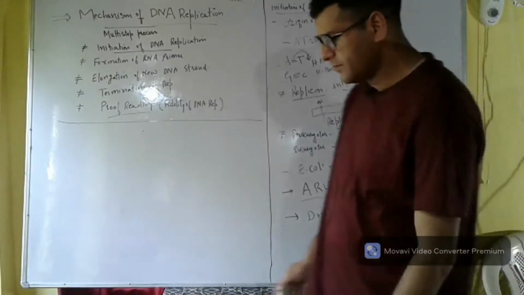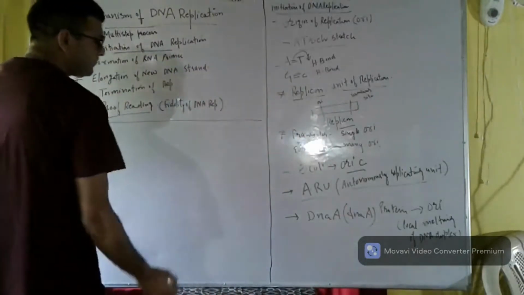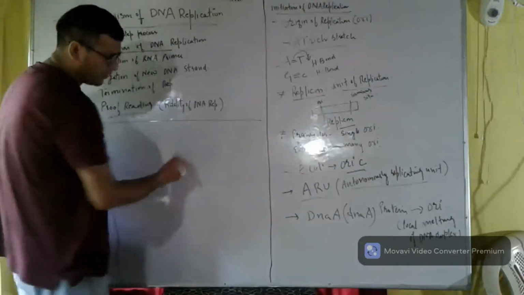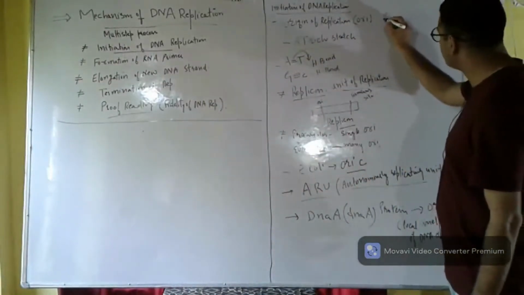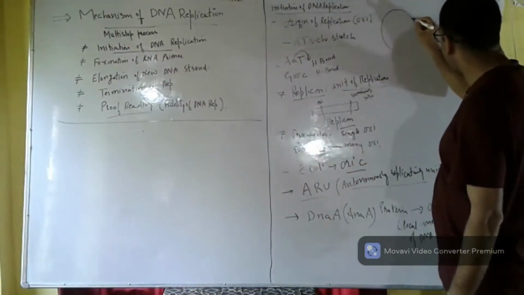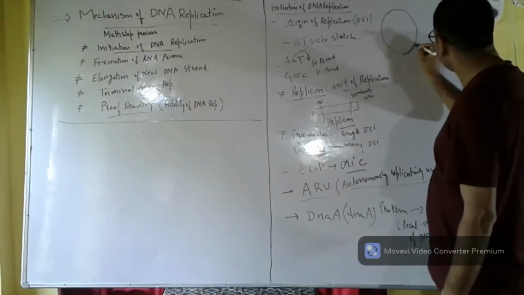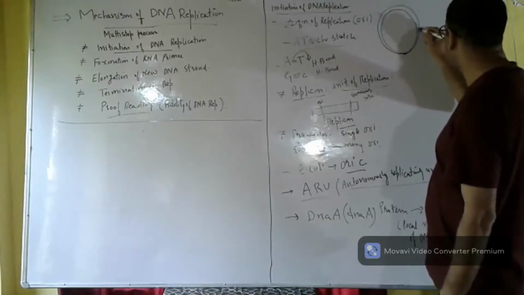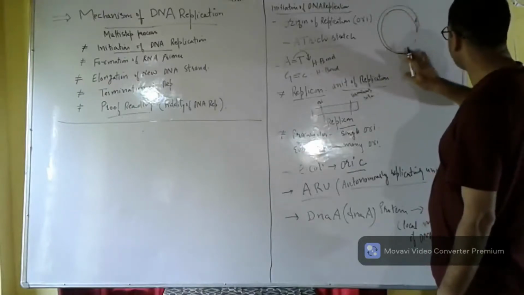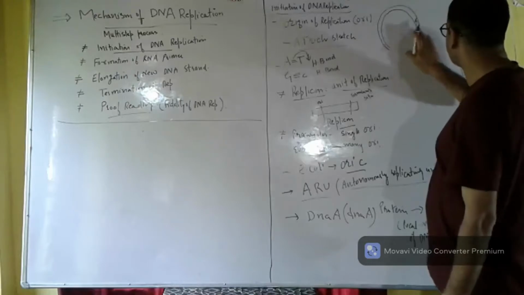If I show you in case of prokaryotes what would be the origin of replication. For example, this is prokaryotic double-stranded DNA.